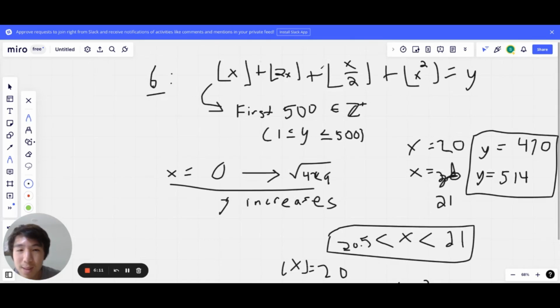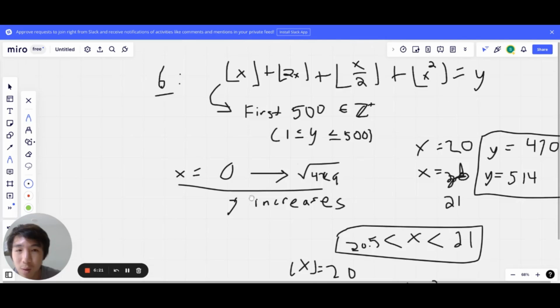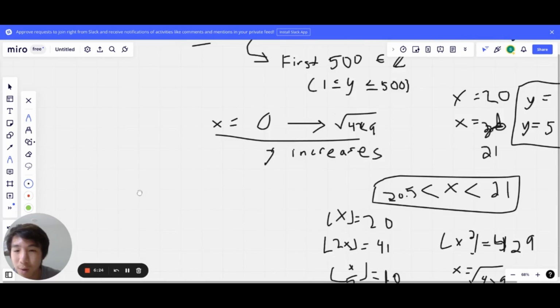Since these all have similar forms, this is just x, this is a multiple of x, this is also a multiple of x, we can group these into one thing. Whenever x is equal to 1/2 times n, where n is an integer, then this whole first part will increase.